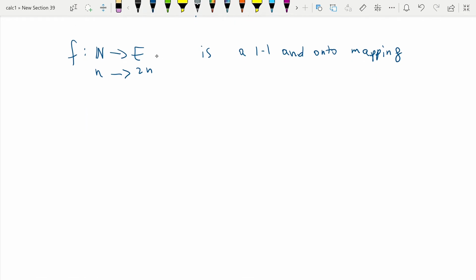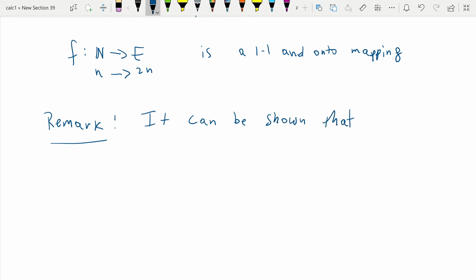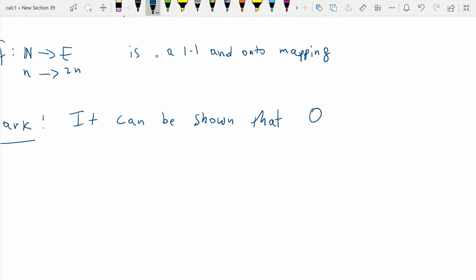Also, some remark. Remember that we're not going to go over everything here for this chapter because it's not that important. So the remark here is that it can be shown that Q, the set of rational numbers, has the same cardinality as the set of natural numbers.